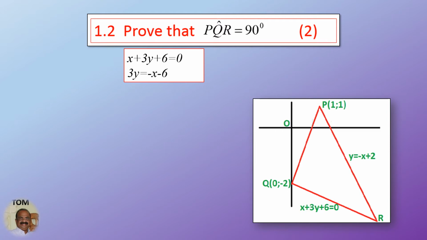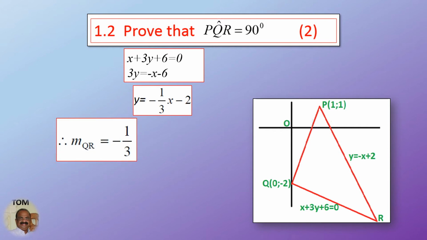From there we get 3y equal to minus x minus 6, or y equal to minus 1 over 3 x minus 2, in the form of y equal to mx plus c, where m is the gradient. M of QR is equal to minus 1 over 3.